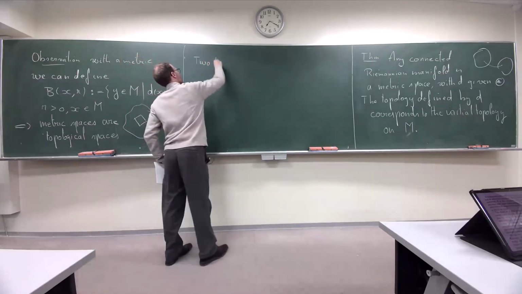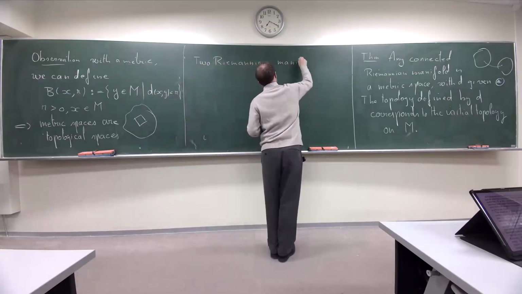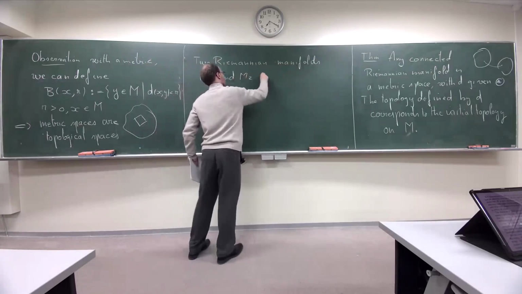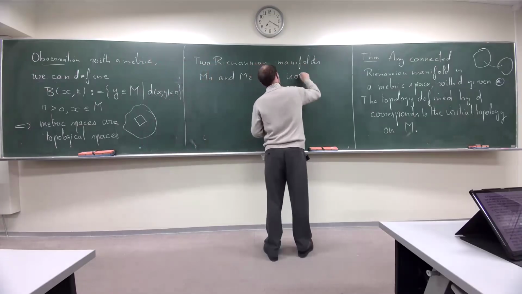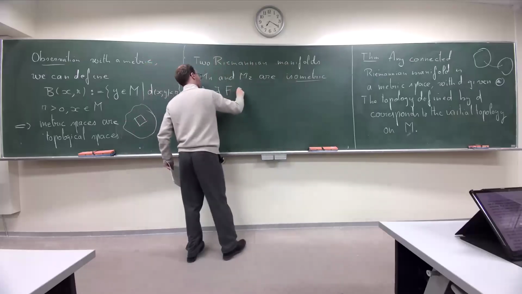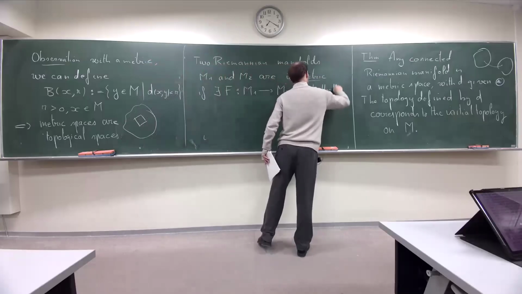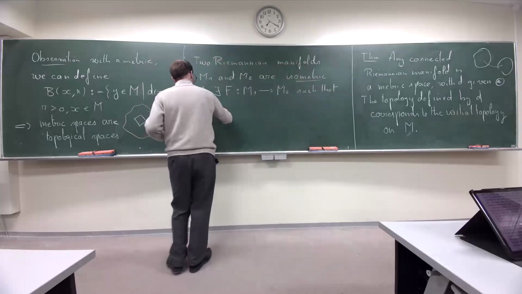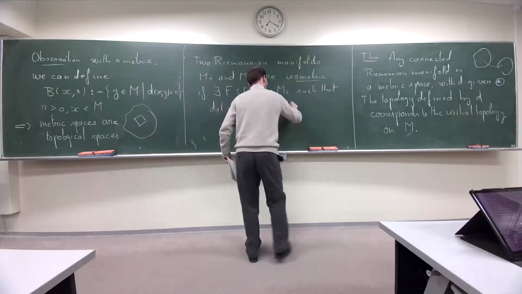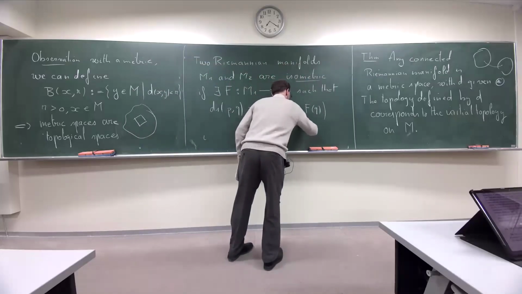So two Riemannian manifolds, M1 and M2, we call them isometric if there exists a function or map F from M1 to M2 such that the distance between P and Q is the same as the distance between F of P and F of Q for any P, Q belonging to M1.